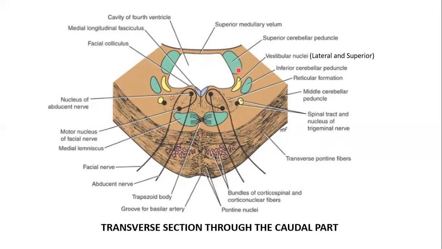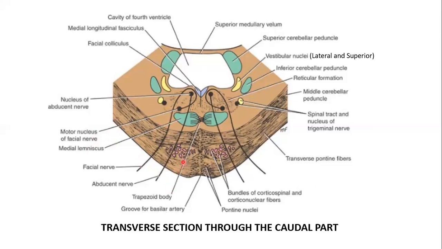So this was the structure of the tegmentum. Again you see the reticular formation, which is concerned with awakening and consciousness, present throughout the brain stem. We again see the motor nucleus of the facial nerve embedded deeply in this reticular formation.